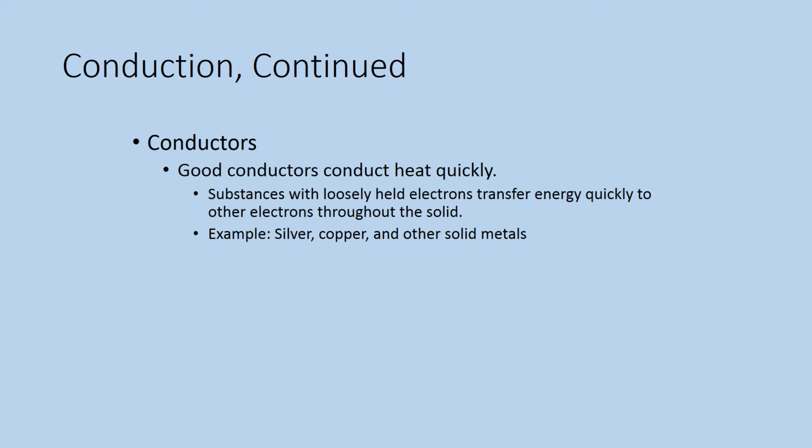So the examples you see here, which are silver, copper, gold, aluminum, etc., will be examples of good conductors because they have loosely bound electrons, and they not only conduct heat very quickly, but they also conduct electricity, which is the flow of electrons, because they have electrons that are free to move in the substance.